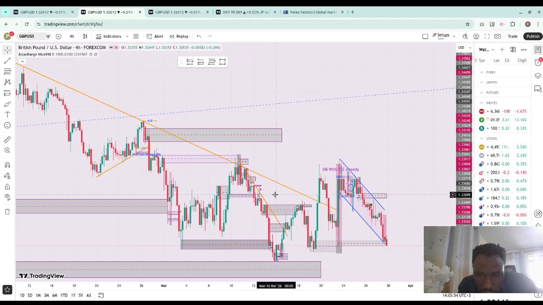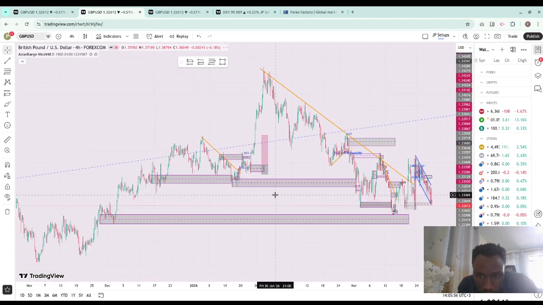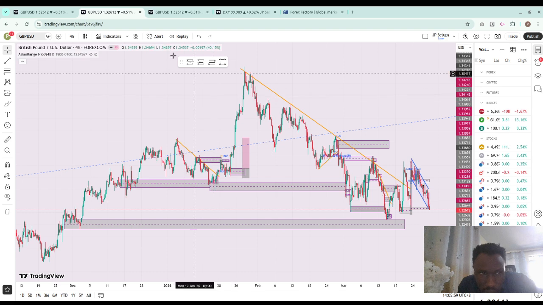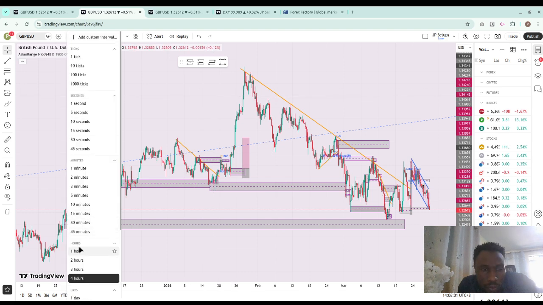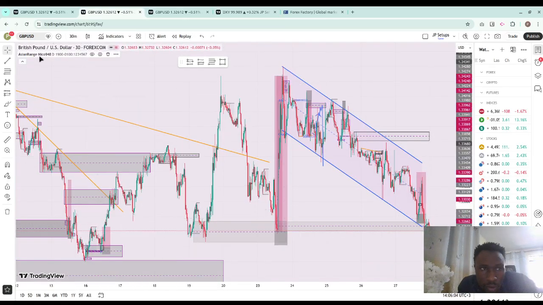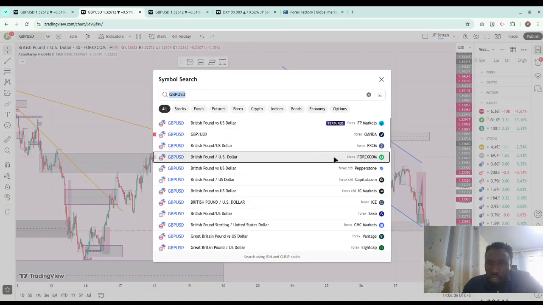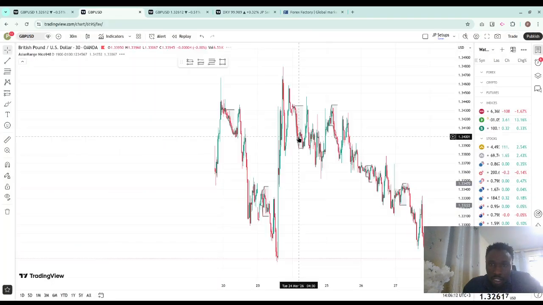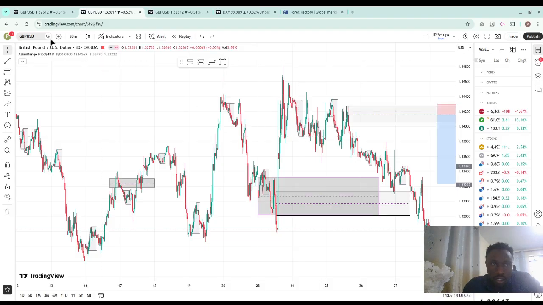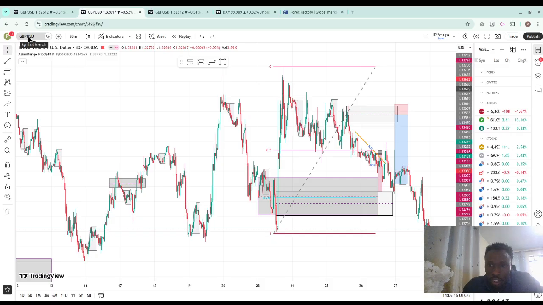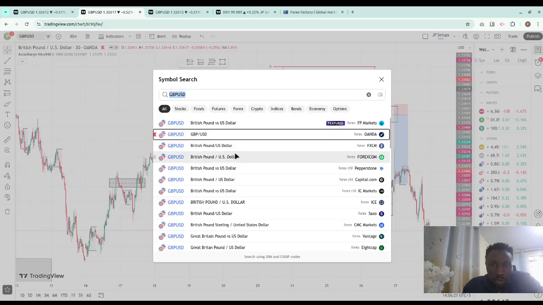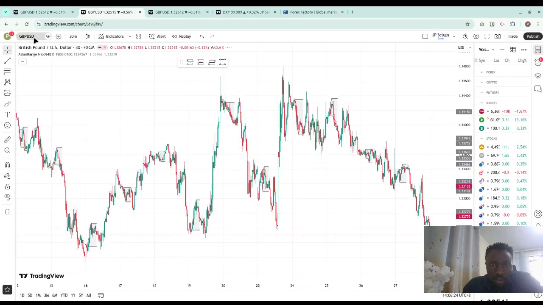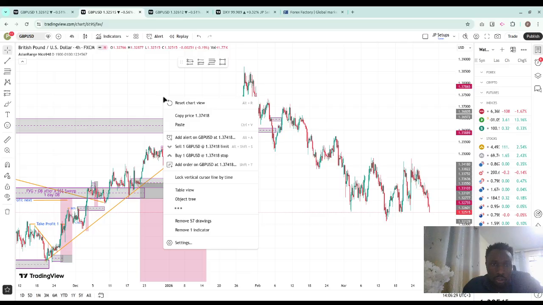As you can see, the sales are still very strong, which means we are still expecting buys on the DXY. So let me use XAUUSD, and then we remove all the drawings here.